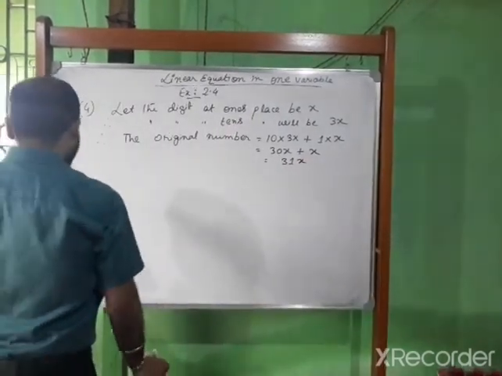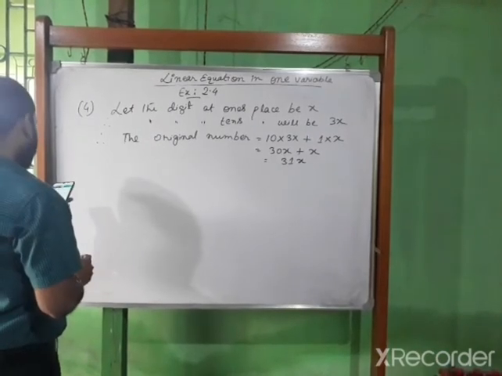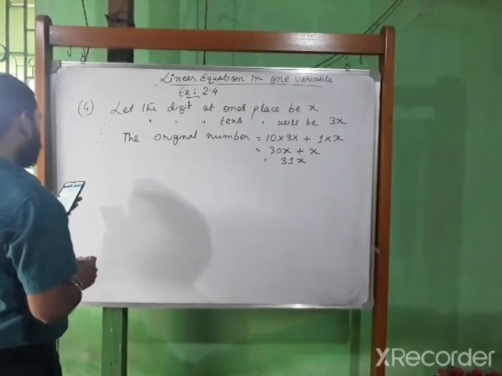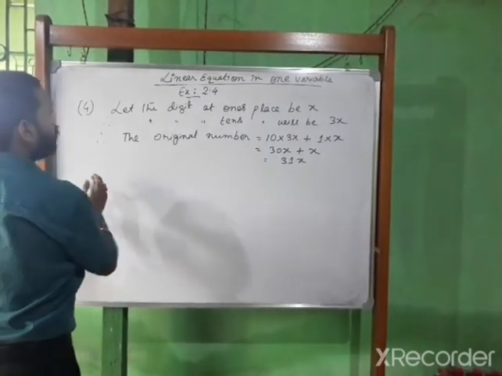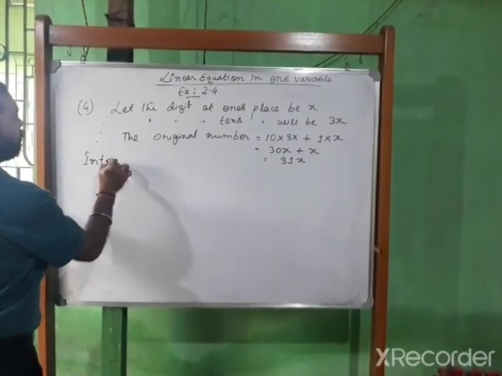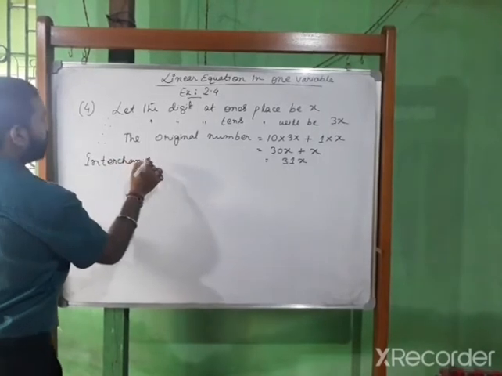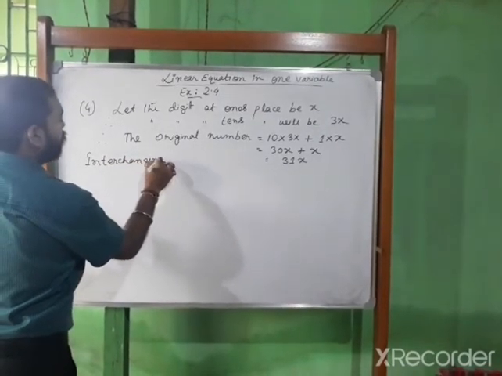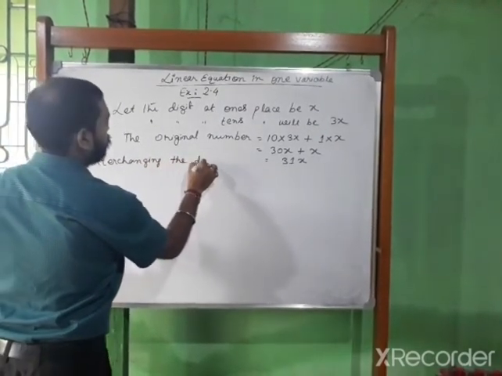Now in the second statement it is given, if you interchange the digits of this two digit number. So let us interchange the digits.